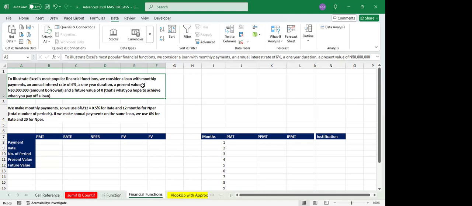Can you see present value here? At the present time, the value of that loan is 50 million. Don't forget that by the time you end up paying that loan, the value of that loan cannot be 50 million again because you would have paid interest and the value would have increased. But at the moment, the value of that loan is 50 million naira.